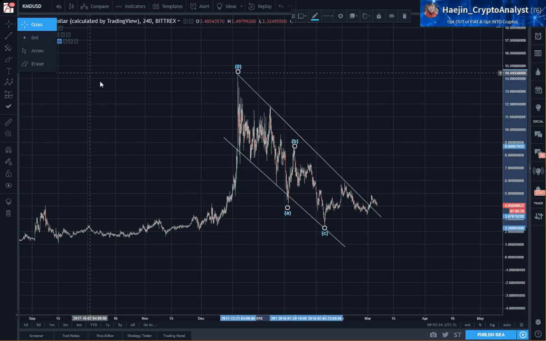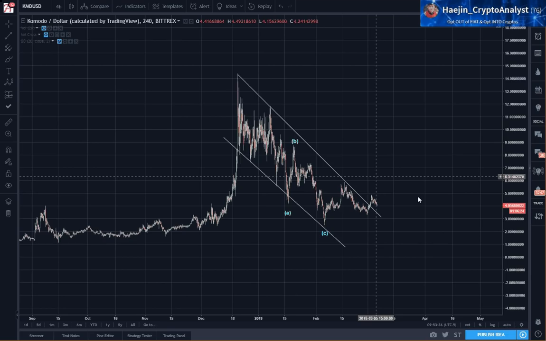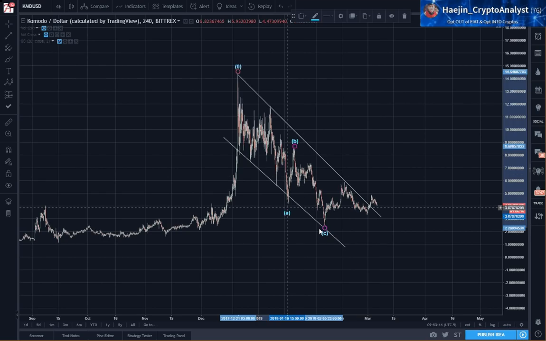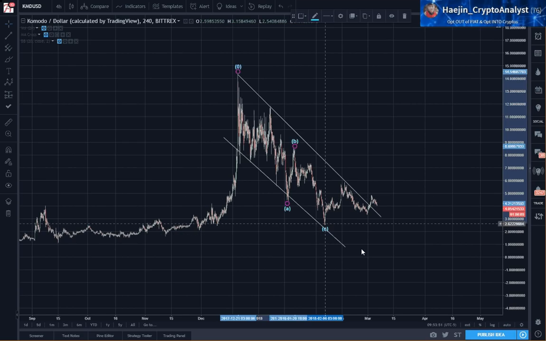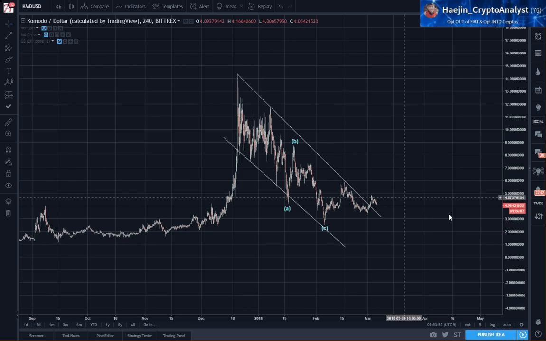There are always more than one way to count this. Absolutely. But it doesn't change the fact that this whole thing is a correction. And how you label the correction doesn't necessarily mean you are wrong. It just means you see it differently. You see the count differently.